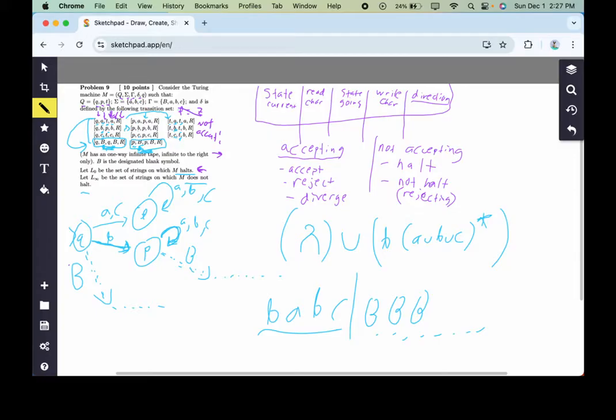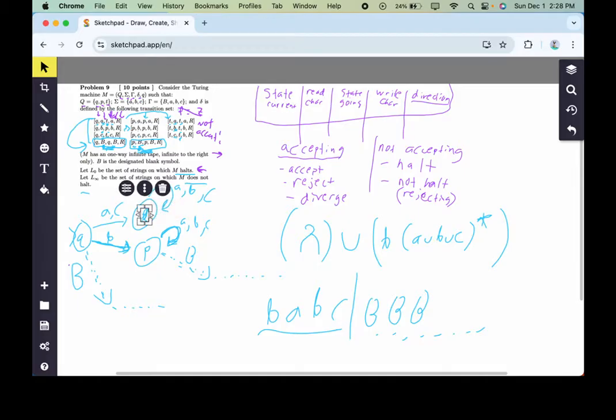Isn't state T from Q by an A? Yes, that is correct. State T, this is a T, I get from either having an A or a C. Because notice it says from Q, read an A, go to T. From Q, read a C, go to T. Oh, yeah.